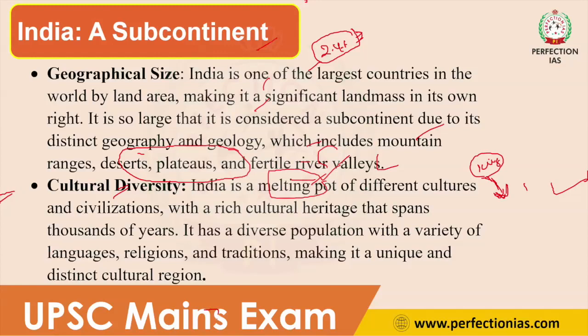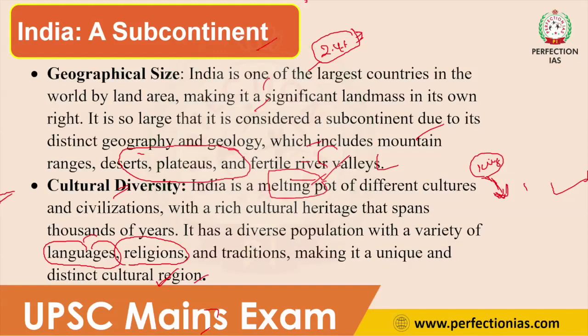It has a diverse population with a variety of languages. In India, there are more than 1,000 languages, and we have all the religions: Hinduism, Islam, Christianity, Jainism, Buddhism. So India contains all the world's major religions and traditions, which makes it unique in cultural aspect. One of the important qualities of a subcontinent is that it should contain a wide variety of culture.